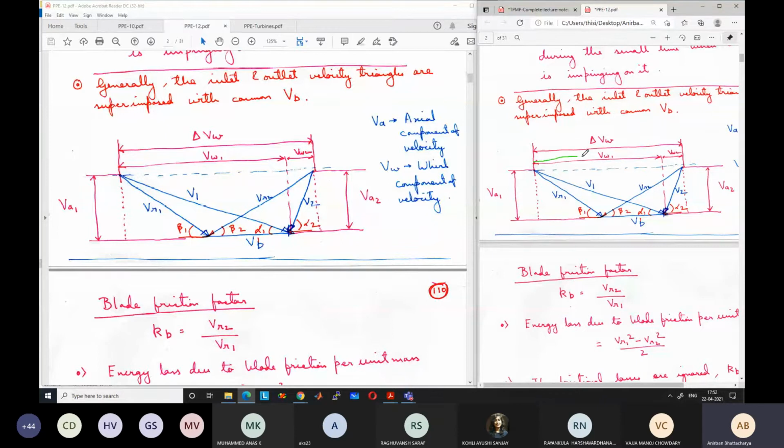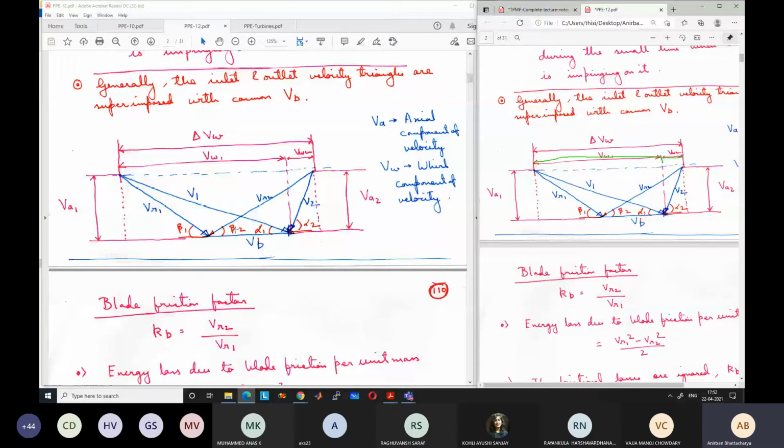If we take a look at the relative velocity, inlet relative velocity was VR1 at an angle beta 1 and outlet relative velocity is VR2 at an angle beta 2. If the frictional losses are negligible, VR1 is equal to VR2 typically, and beta 1 is equal to beta 2 by design. But in real life, the ratio between VR2 and VR1 is given by a friction factor Kb, blade friction factor Kb, which is slightly less than 1.